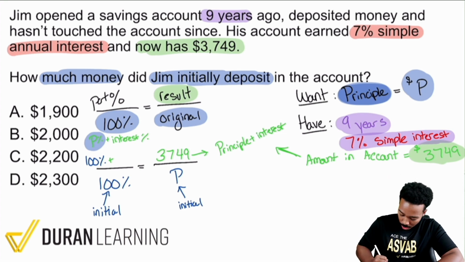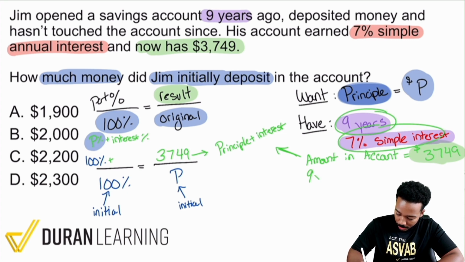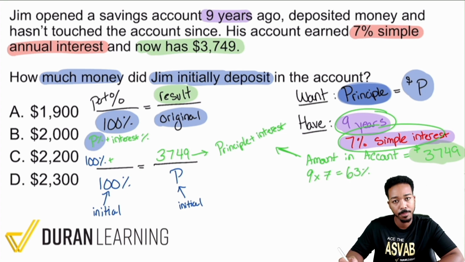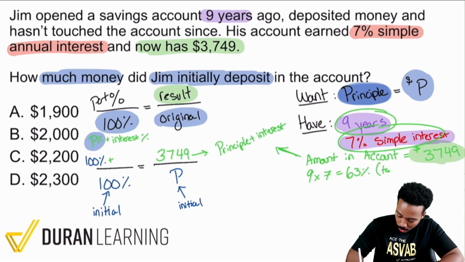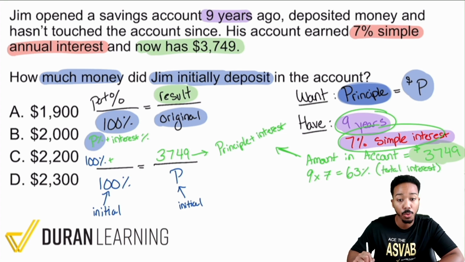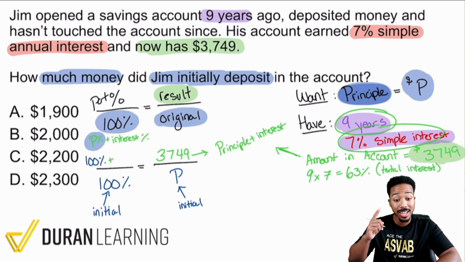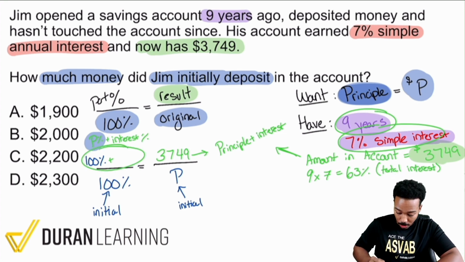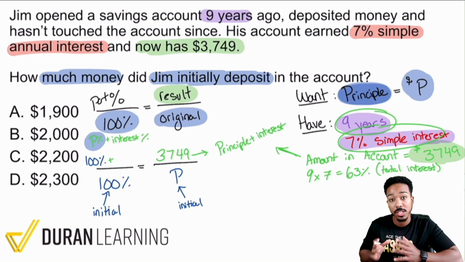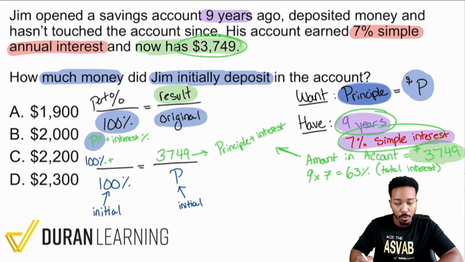And that's what belongs. So right here, 9 times 7 equals 63 total percent interest. Again, that's the total interest. And so for us to understand what belongs here, which is going to be the resultant percent, well, the result is going to be the 3749, right?